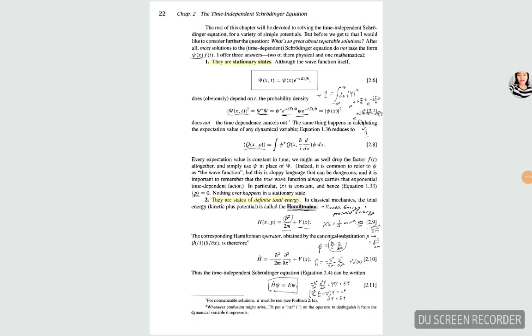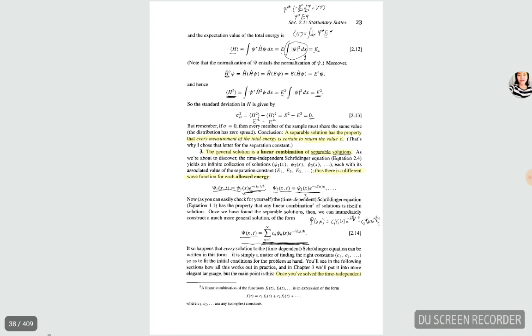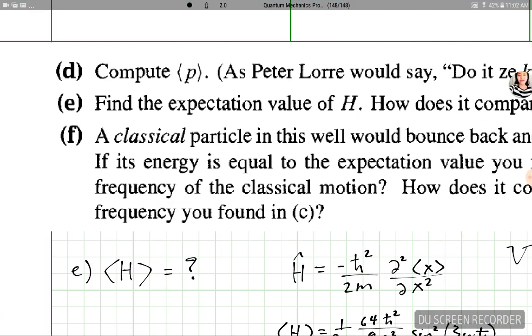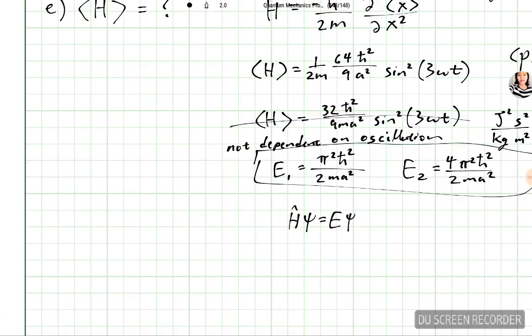Okay, I found it here. So I can look at this and this, leading to this idea that the expectation value of the total energy is equal to just the energy level. Nice shortcut there.